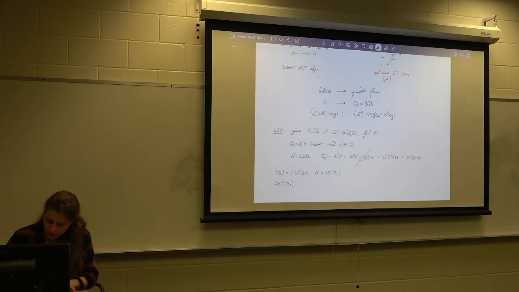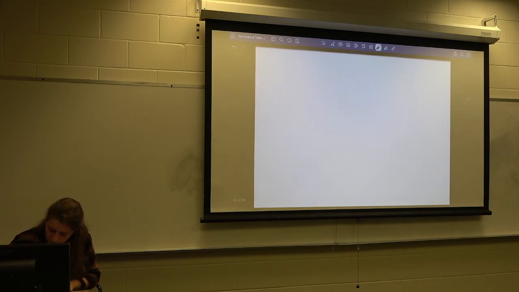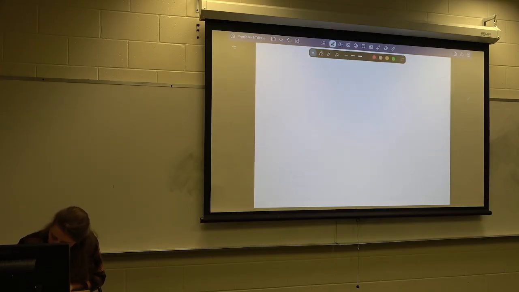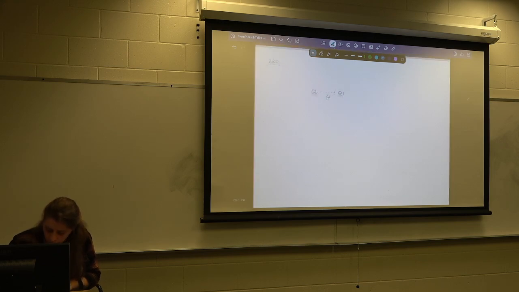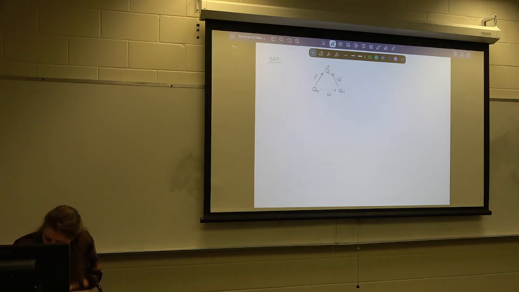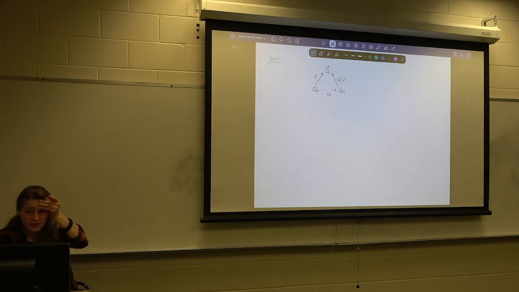Okay, so now for the ZKP, the zero knowledge protocol that's at the core of this. It's again very similar in structure to what we saw before. If I have Q0 and Q1, which are public, and I know how to go from one to the other with this U, and I can randomize Q0 to get Q tilde, and also get here using U inverse V, the same kind of idea works for the ZKP.